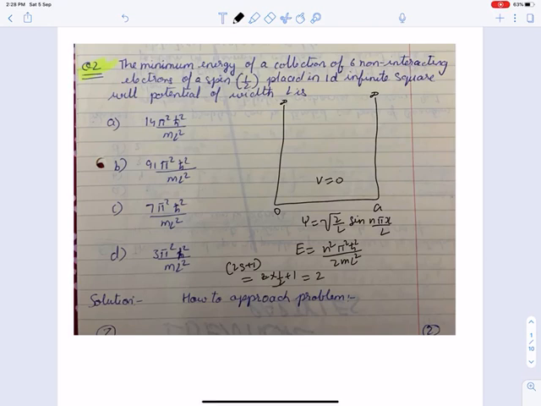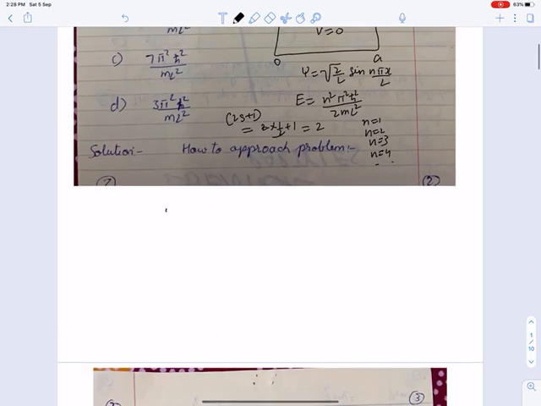So only 2 electrons can occupy one state. What I mean by state is n equal to 1, n equal to 2, n equal to 3, and so on. So only 2 electrons can occupy the state n.